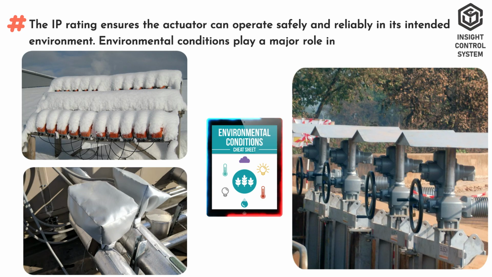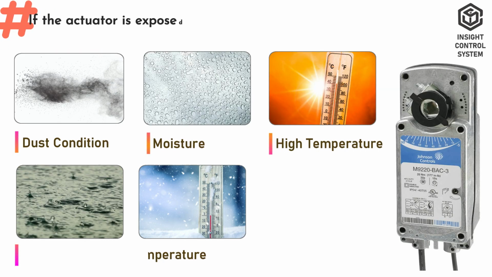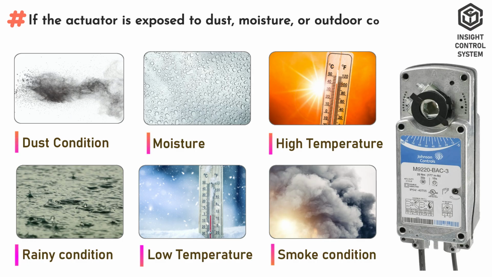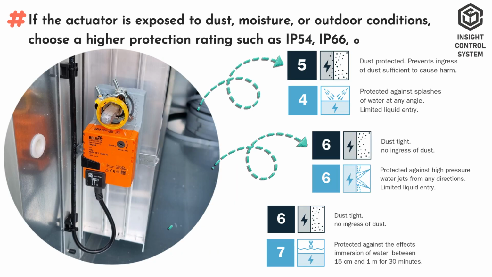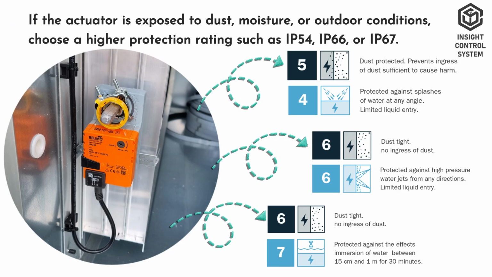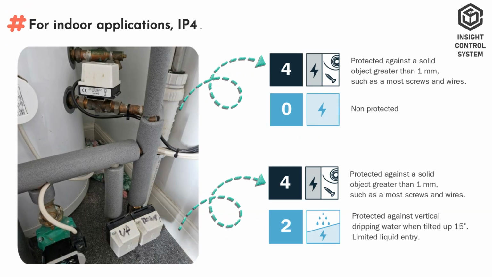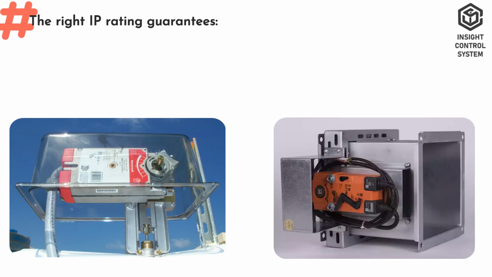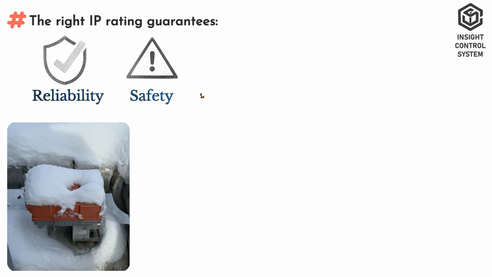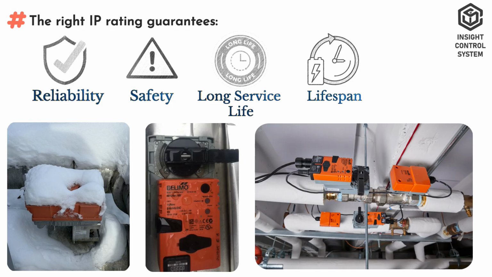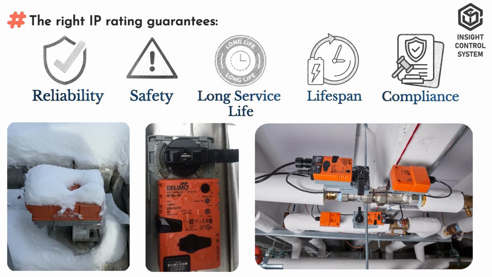Environmental conditions play a major role in actuator selection. If the actuator is exposed to dust, moisture, or outdoor conditions, choose a higher protection rating such as IP54, IP66, or IP67. For indoor applications, IP40 or IP42 may be sufficient. The right IP rating guarantees reliability, safety, long service life, and compliance in HVAC applications.